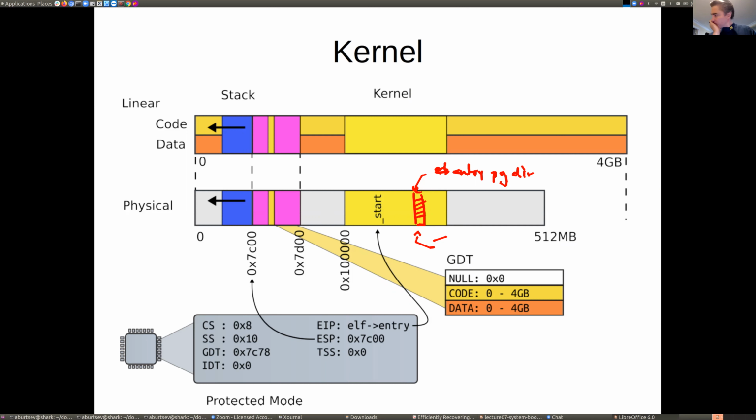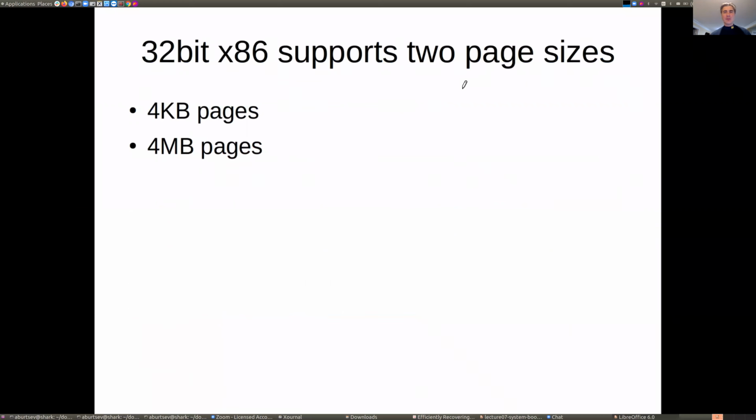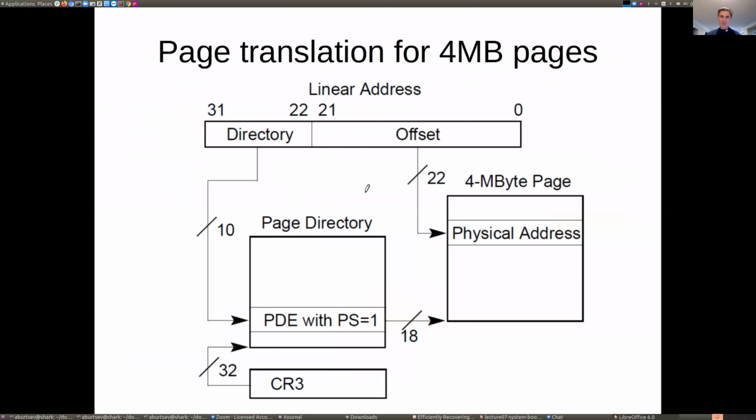Anyone following? Yeah, 1024 entries. And in terms of bytes, how many bytes? Each entry is how many bytes? 4 bytes, right? So it's 1024 multiplied by 4, which is 4096 bytes, right?